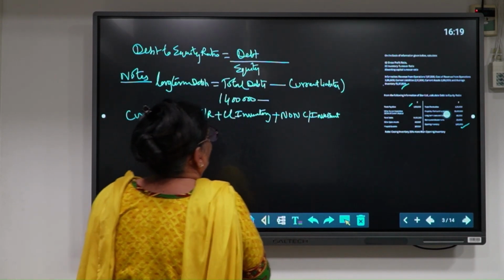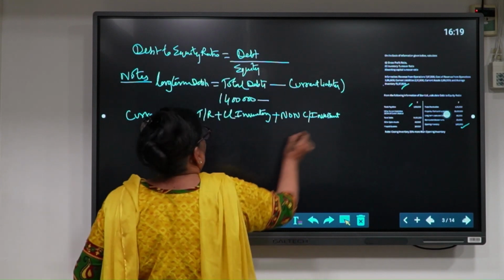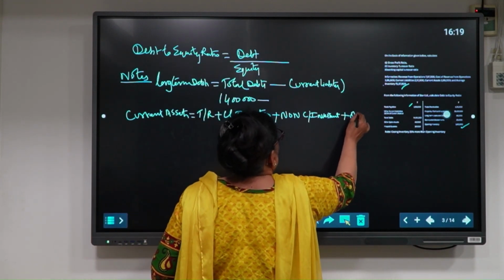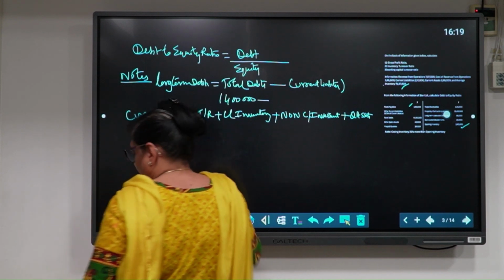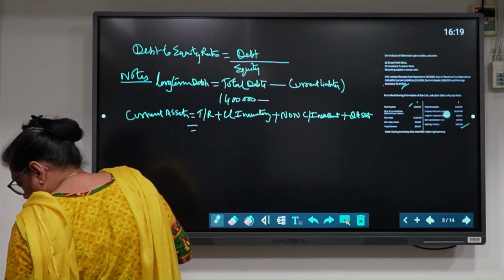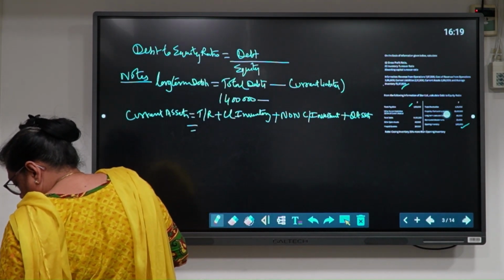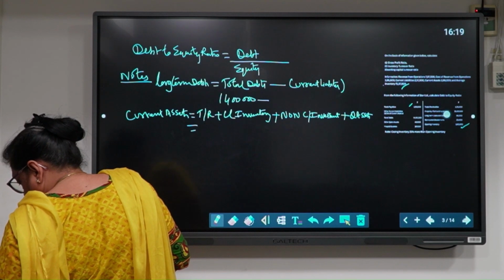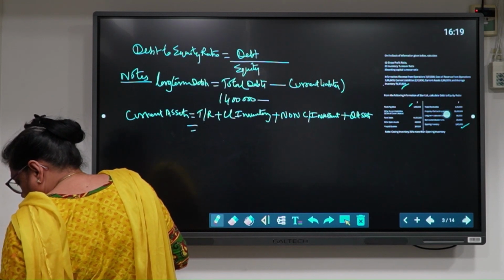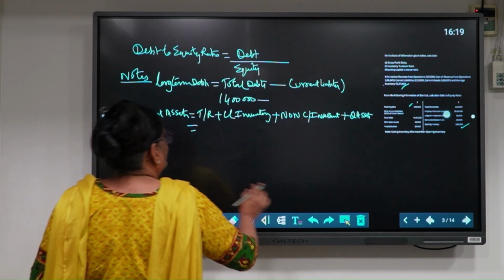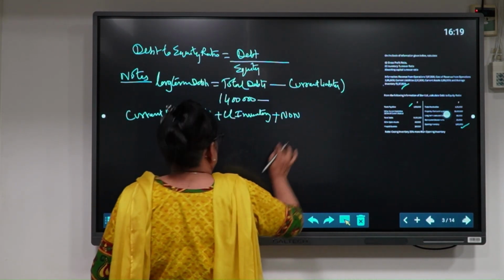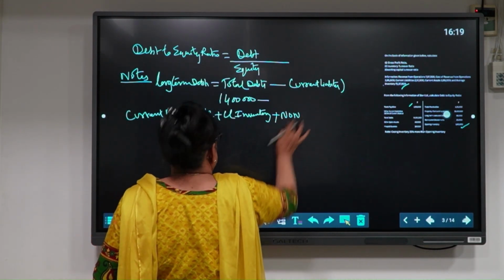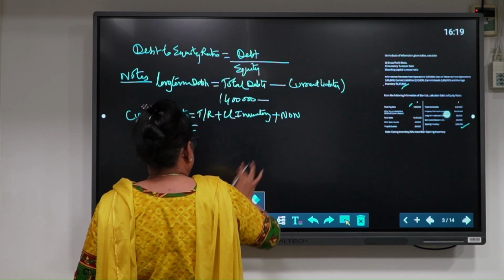Then your quick assets. Now let us see what the items are: quick assets, inventory, prepaid expenses. Inventory will not come in quick assets.